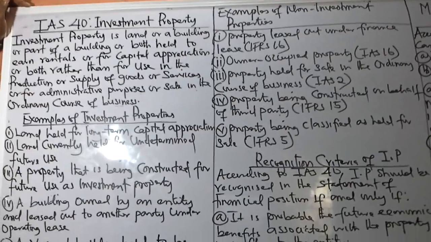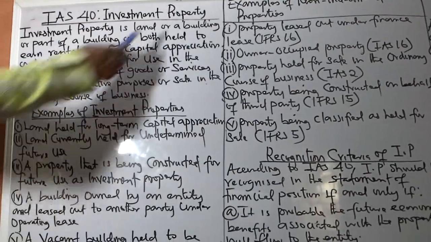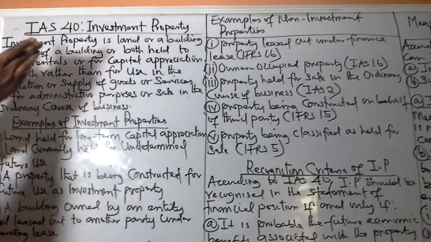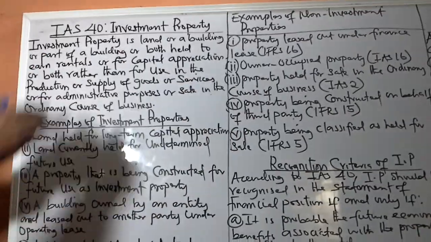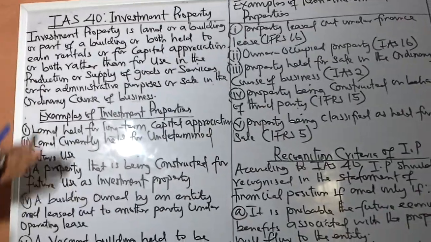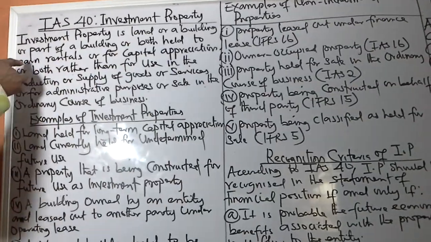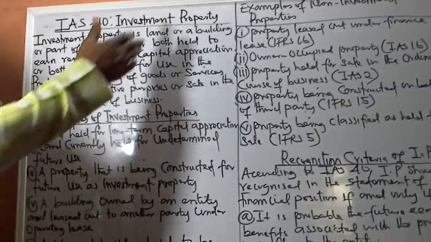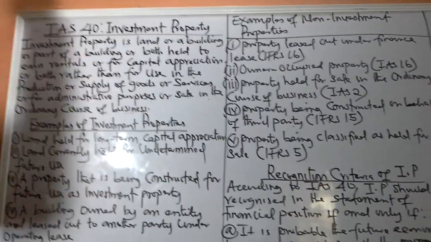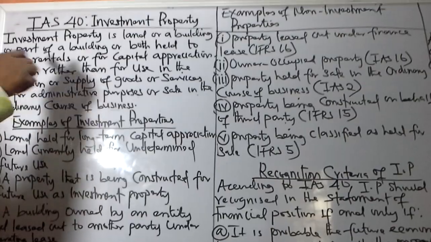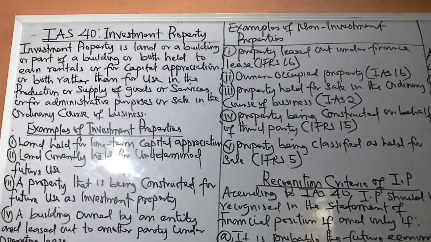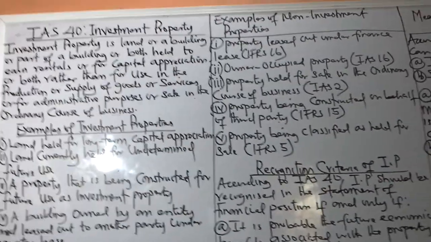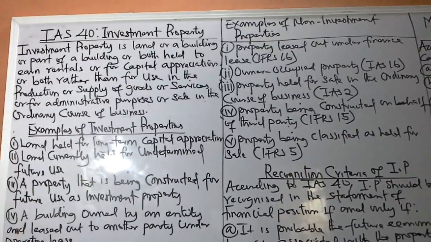Now, this is land or a building or part of a building or both, held to earn rentals, or for capital appreciation, or both, rather than for use in the production or supply of goods and services, or for administrative purposes, or sale in the ordinary course of business.